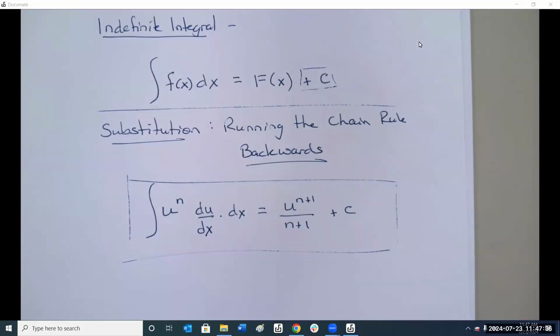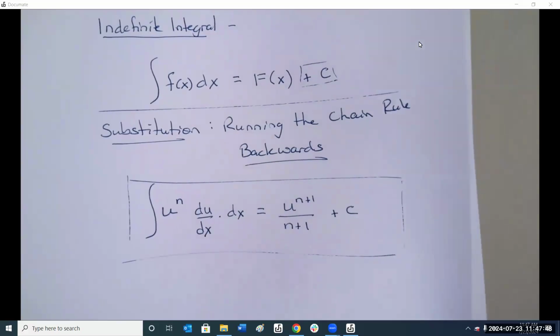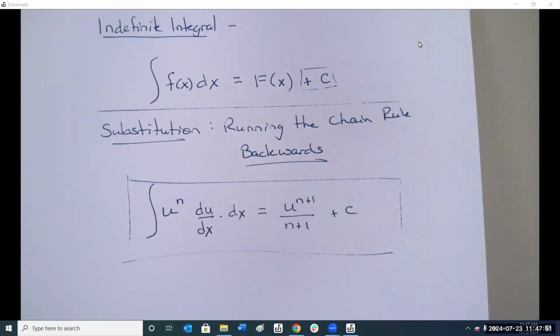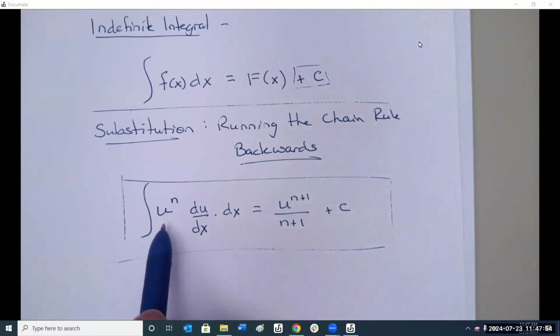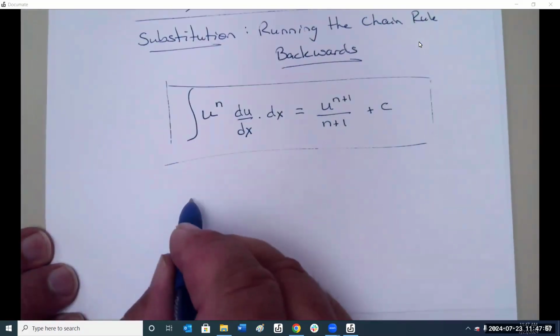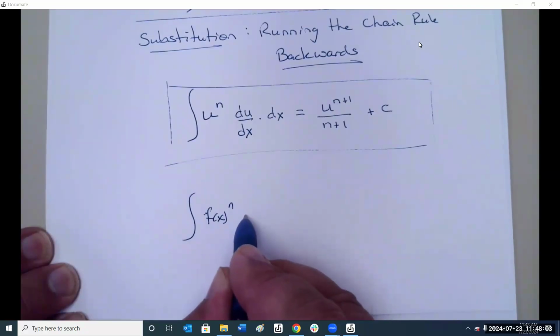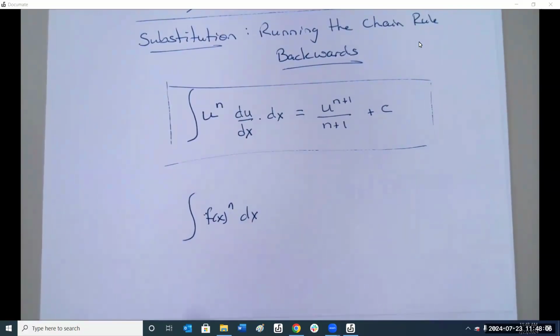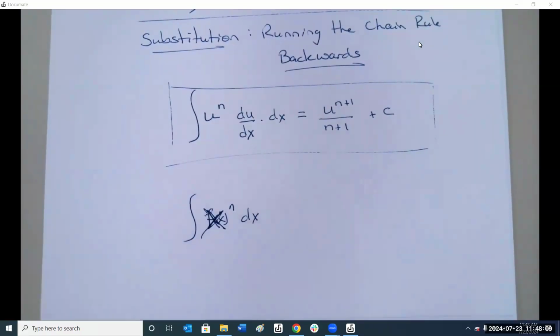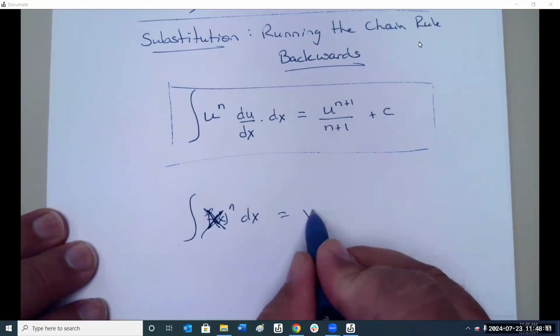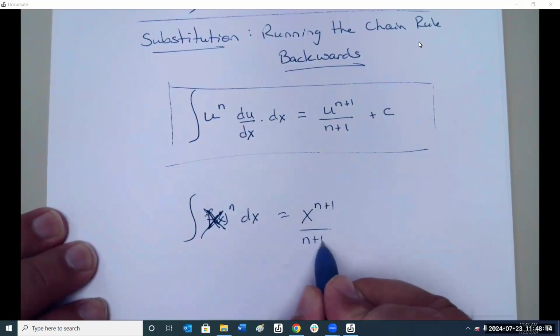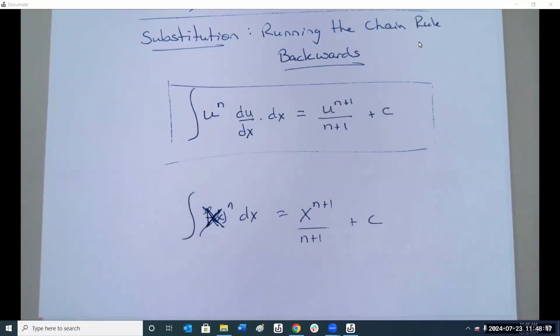Example here. And there's nothing new because we've done this in the past, but we've always had it f of x to some power n dx, or it could be x to the power n, which equals x to the n plus 1 over n plus 1 plus c.